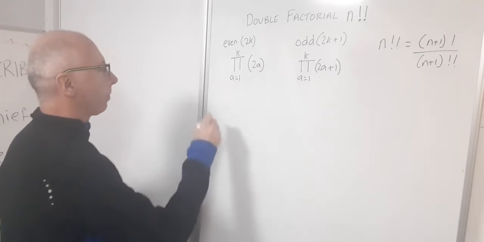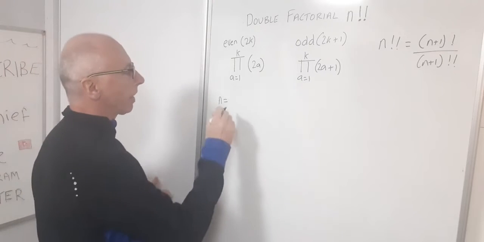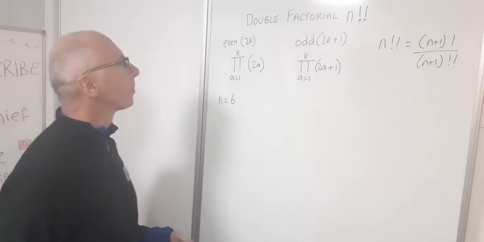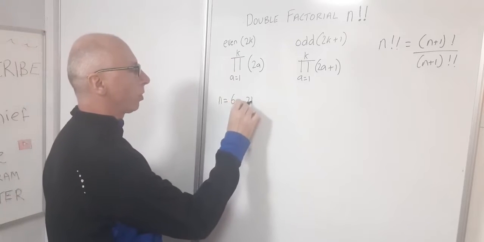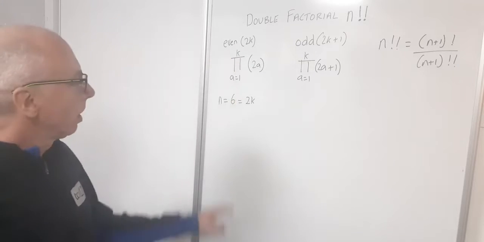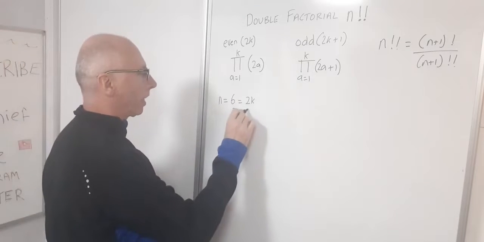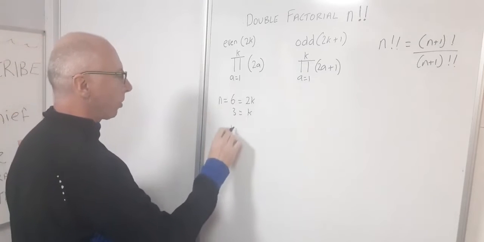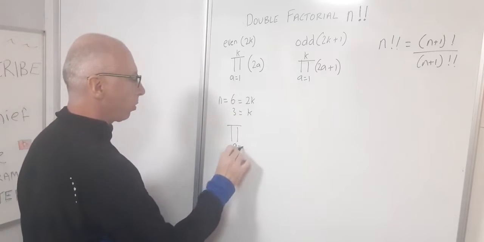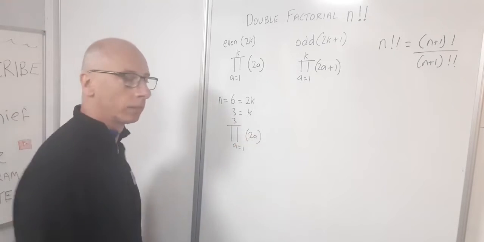So for example, if we let n equal 6, therefore our even number, 6, will equal 2k. Solving for k, we know k equals 3. So now writing our product formula, a equals 1 to 3, and then we've got 2a.